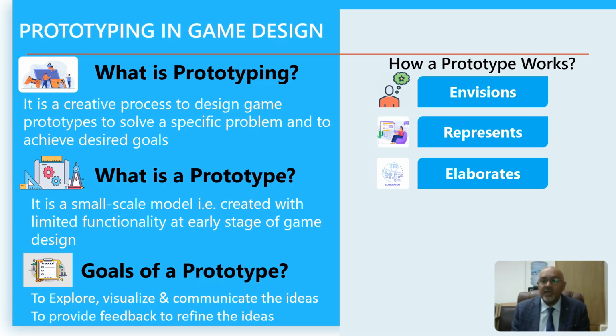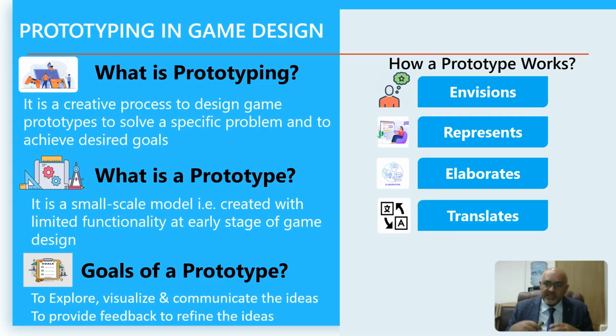So this is why it is essential to elaborate the design ideas that are to be implemented for prototyping. Elaboration is one of the core functions of a prototype that focuses on paying attention to detail on every aspect of the game that is to be designed.